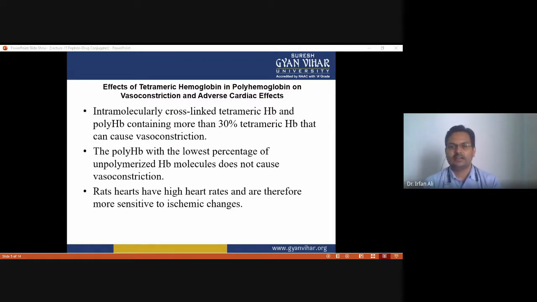And rats have a high heart rate and they are more sensitive to ischemic changes. The study by the researcher in the rat showed ischemic ECG changes in the form of ST elevation when they received polyhemoglobin with a high percentage of tetrameric hemoglobin, with even higher percentage of tetrameric hemoglobin, and there was increasing evidence of cardiac arrhythmia.